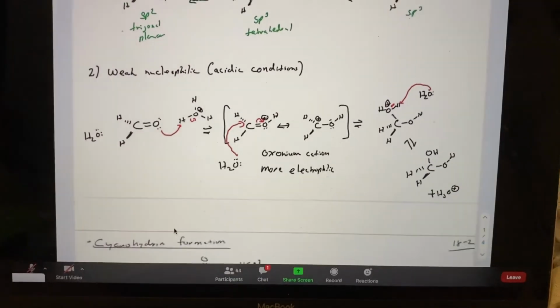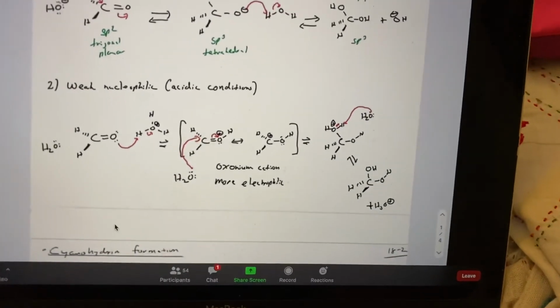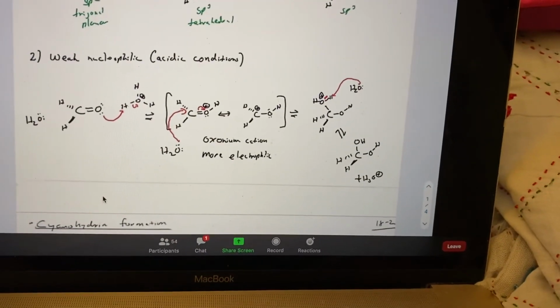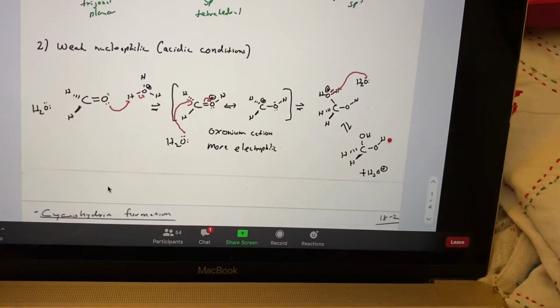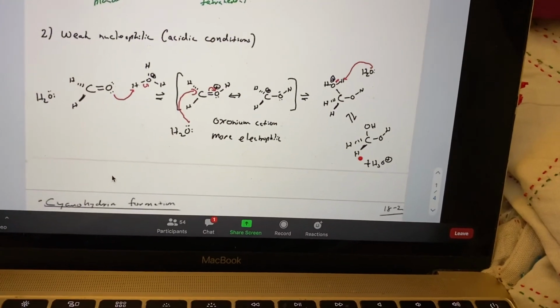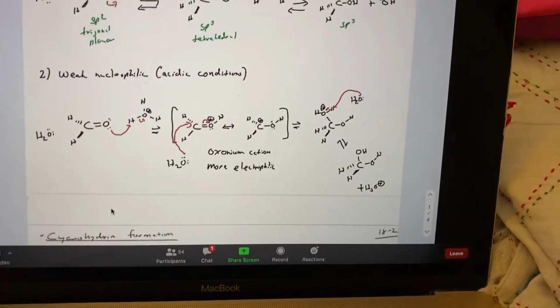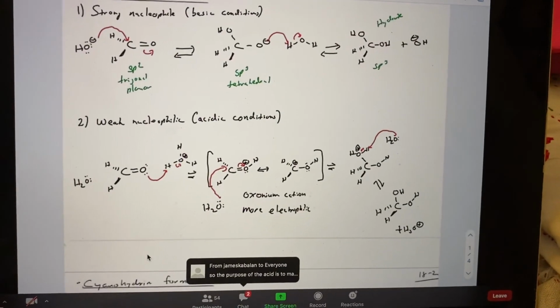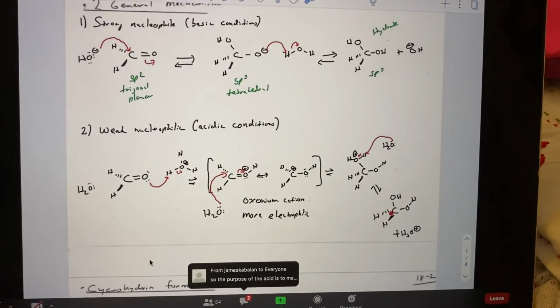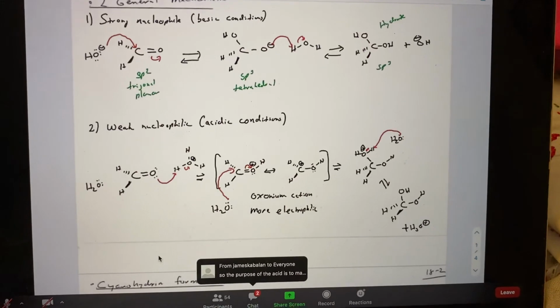I'll make this a little bit smaller so we can compare the two. Something you'll notice is that circling down here on the bottom, our product is the same as the product on the top, despite being drawn in slightly two different ways, but it's the same product. So there's two mechanisms to get to the same product.